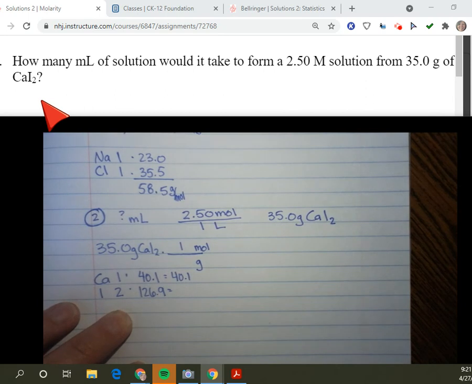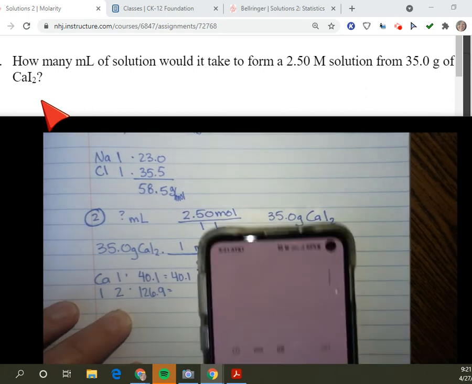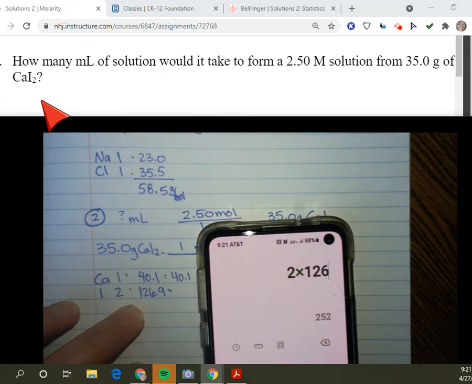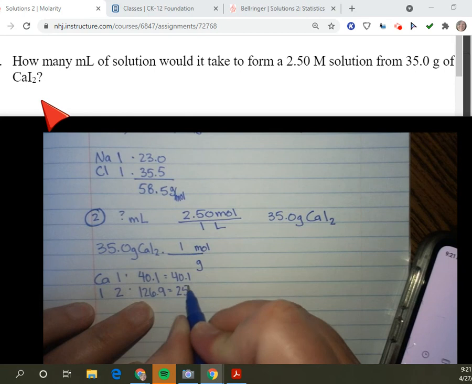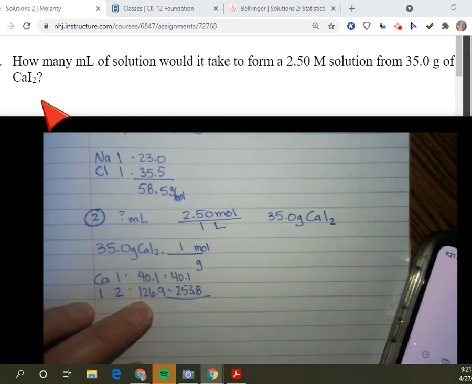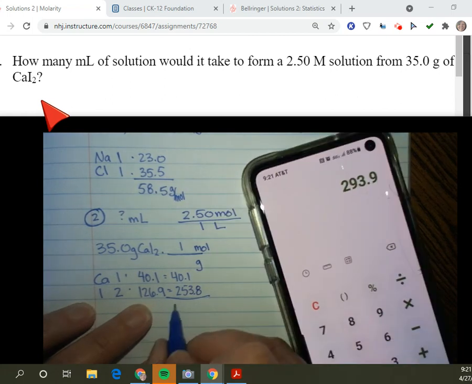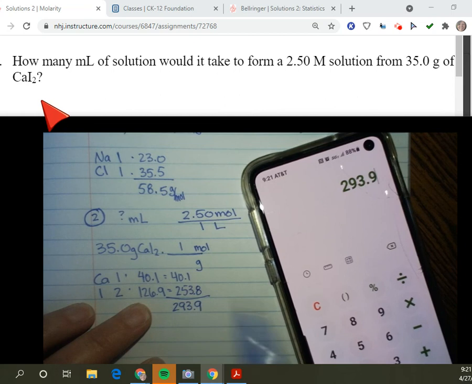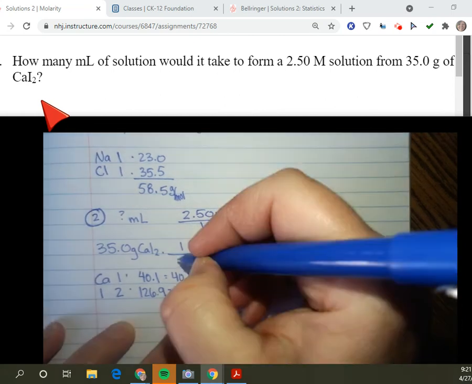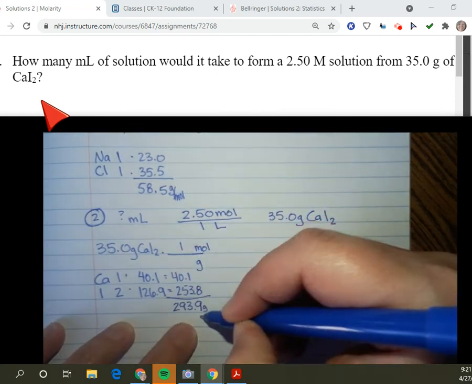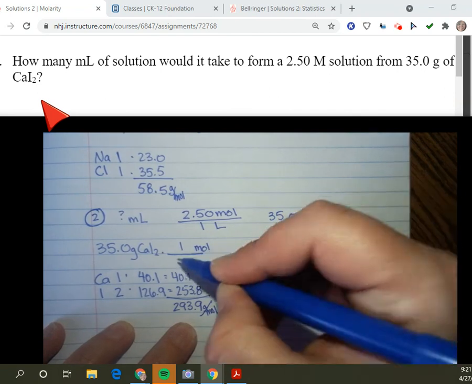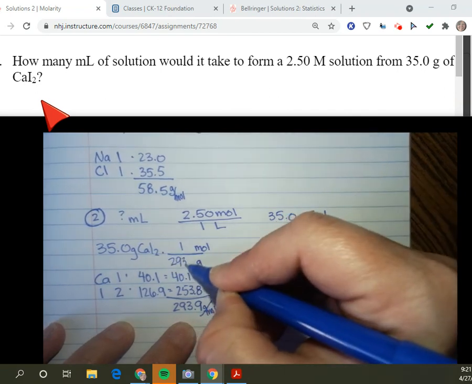And you guys know I can't do that math in my head, so we'll pull our calculator back. 253.8. Okay, so this number is grams per mole. That is our molar mass.